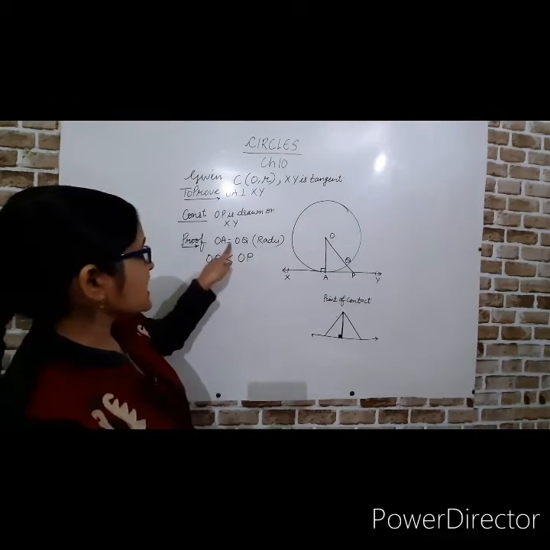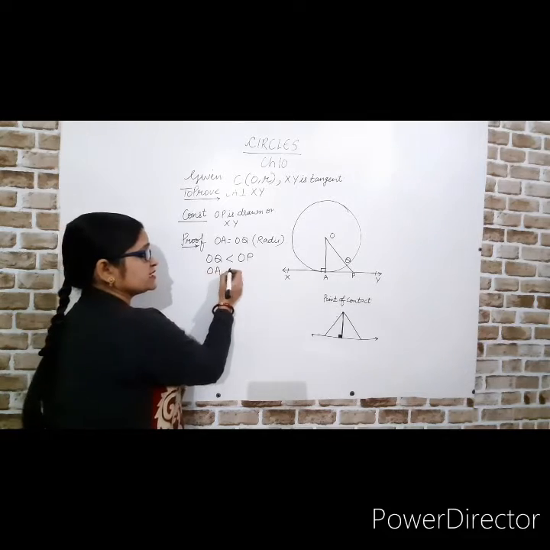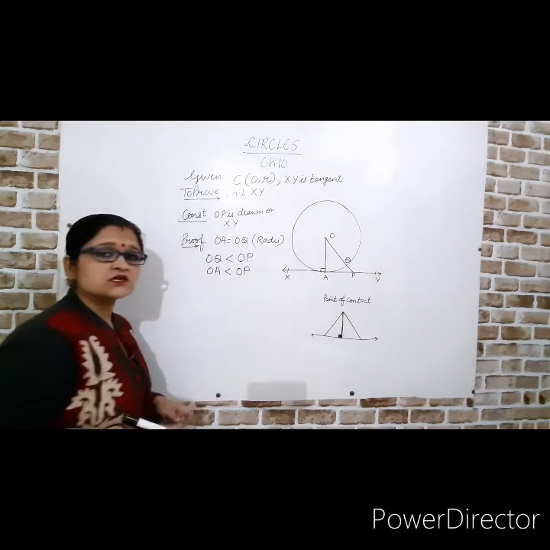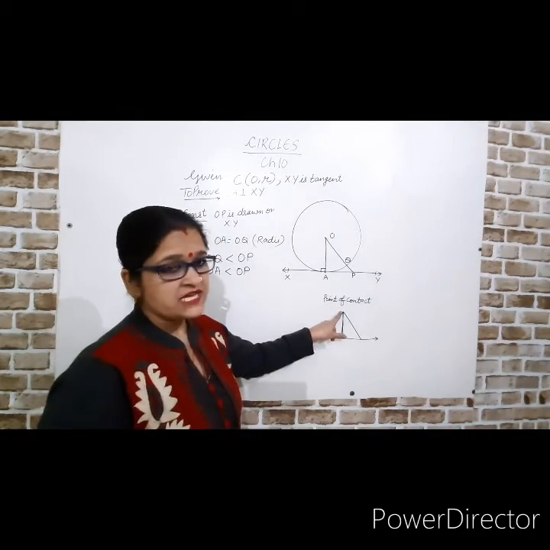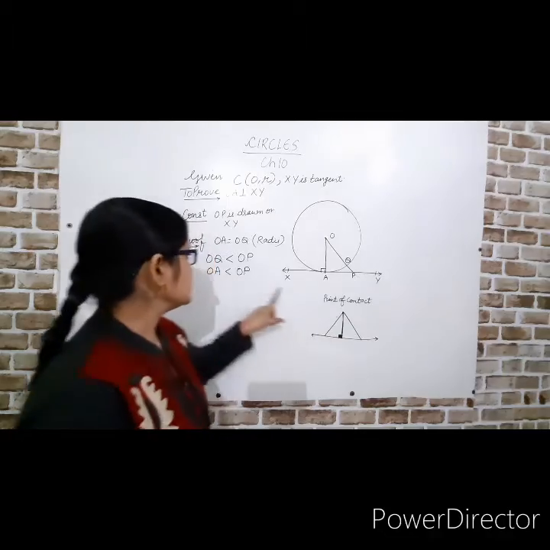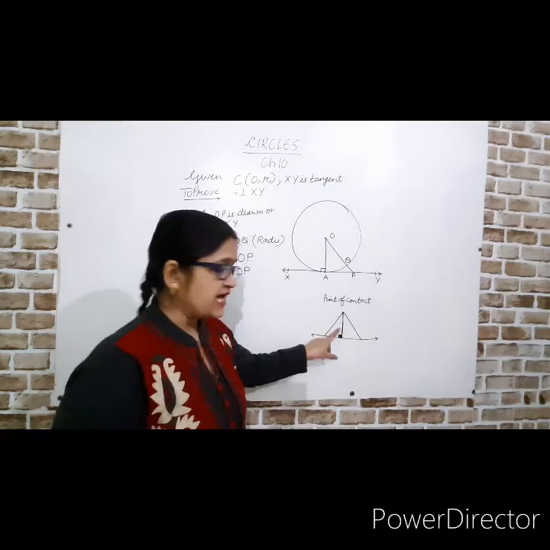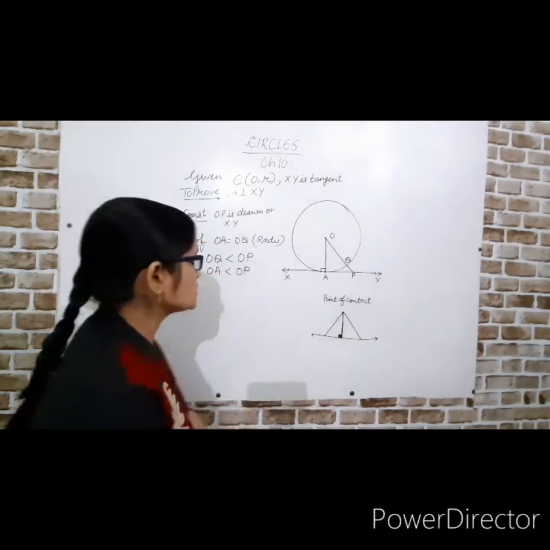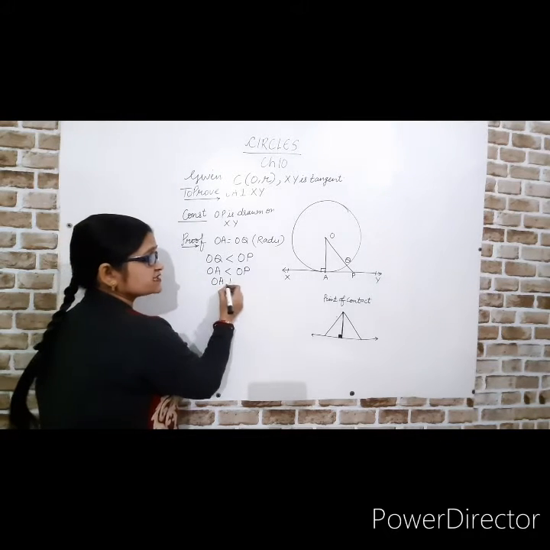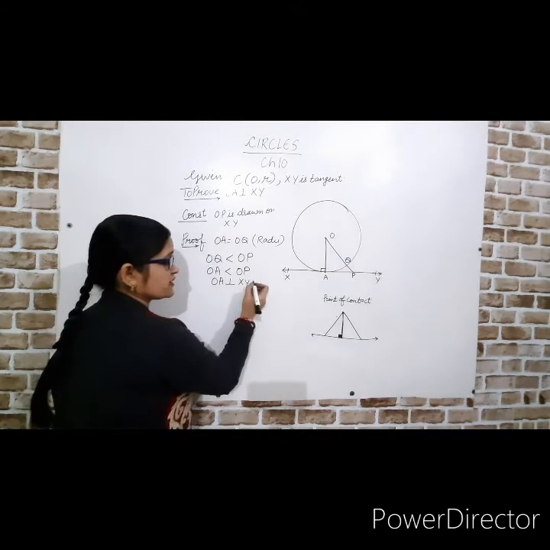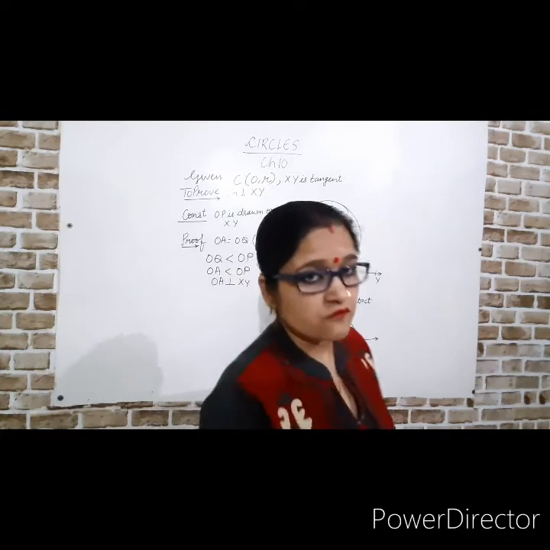But OQ is actually equal to OA. So in place of OQ, I will write OA, which is less than OP. As we know, the line drawn from any point to a given line, if it is the shortest, will be perpendicular as compared to the other lines. So we conclude that OA is perpendicular to XY. This is the proof of theorem number 10.1.